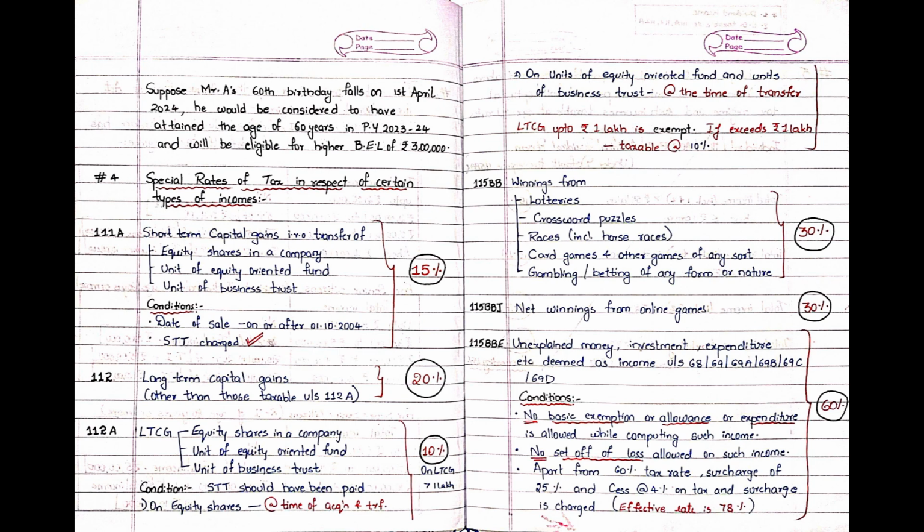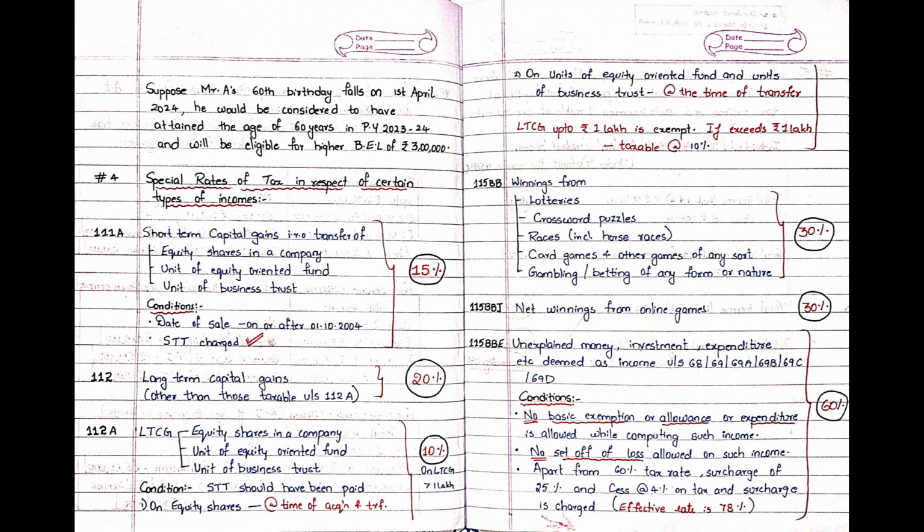That is, the long-term capital gains which have been earned by the assessee on the transfer of equity shares in a company, units of equity oriented fund, and units of business trust. If the amount of long-term capital gain exceeds rupees 1 lakh on transfer of such units, then the tax is charged at the rate of 10%.